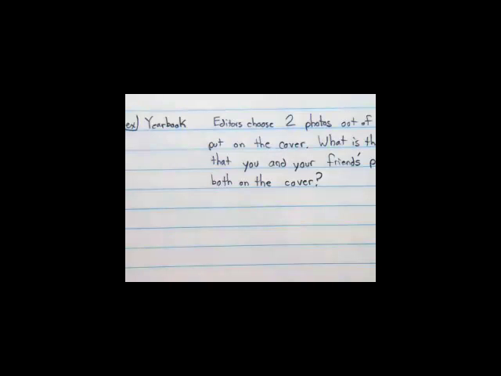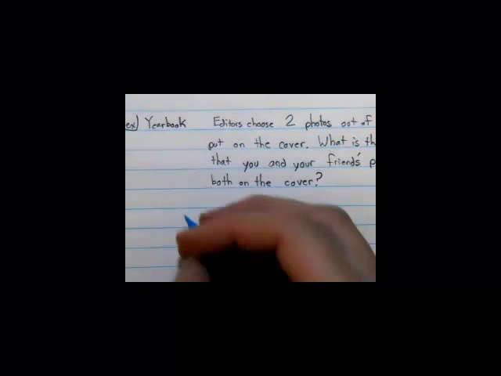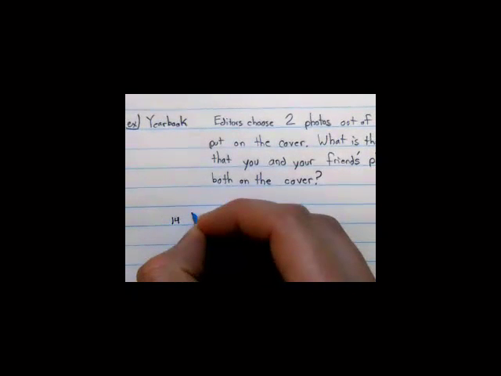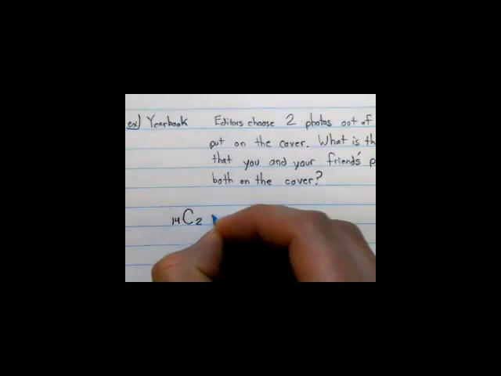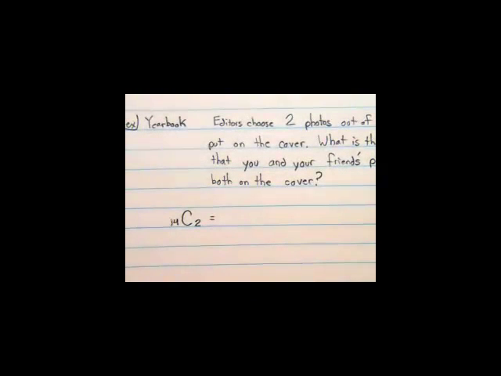So, is this a permutation or is this a combination? Does the order that the photos are chosen matter? No. We just want to have them both on the cover. Now, what's the probability that my photo comes first and my best friend's photo comes second? Permutation then. But we just both want to be on the cover. We don't care who comes first. So 14C2 is what we would need there.